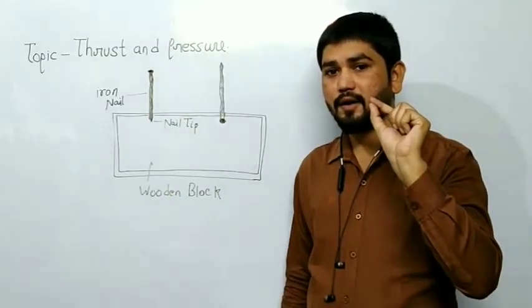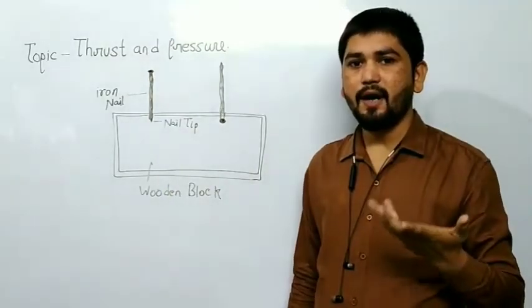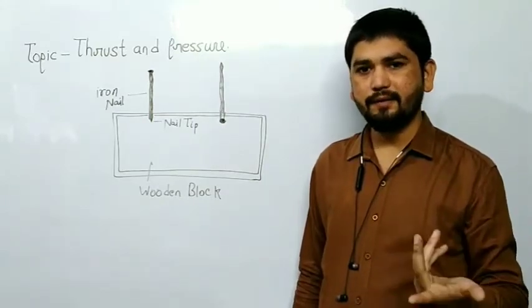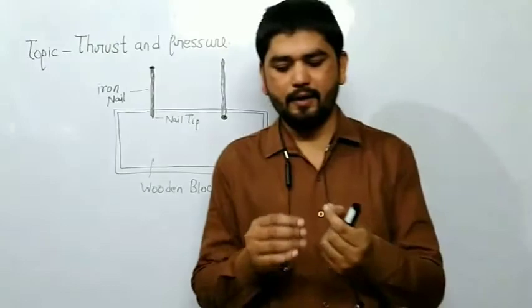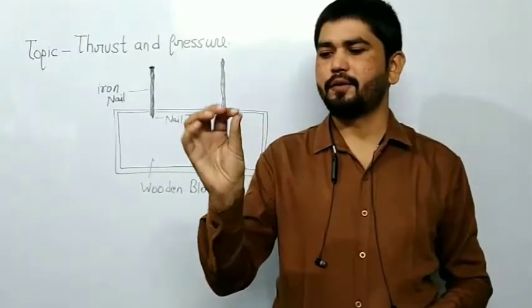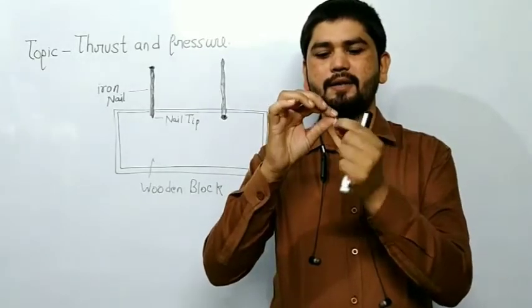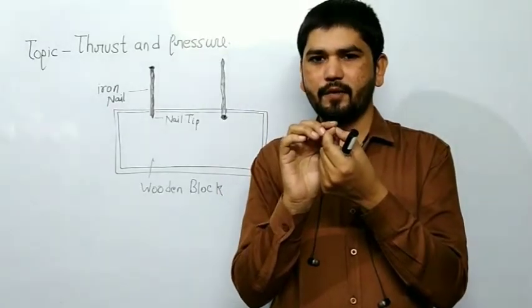Everyone knows iron nails, I think. See this iron nail, it is very small. So one side is thin and the other side has more area.